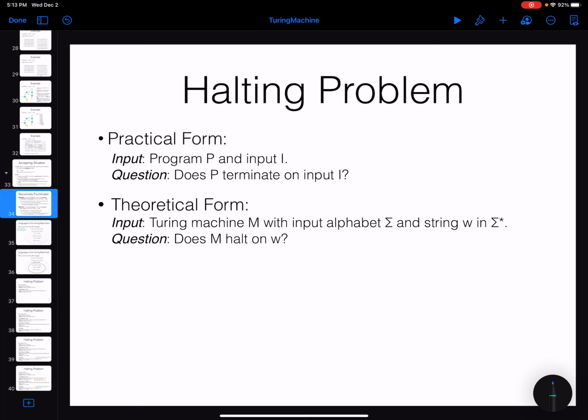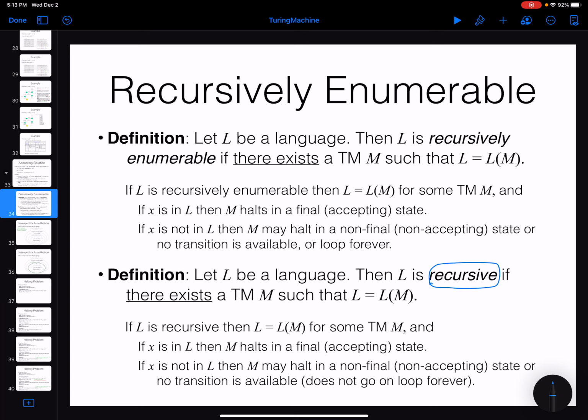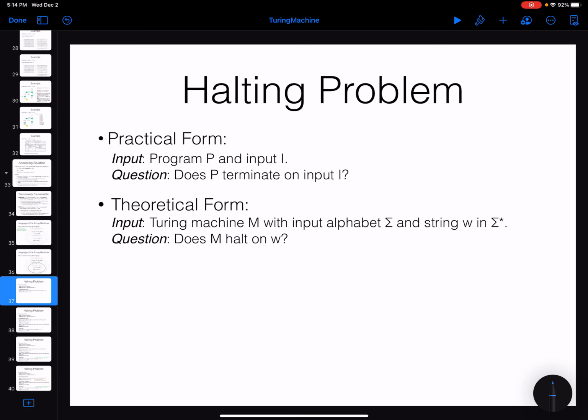We have actually talked about this notion that either the Turing machine is going to halt over an input string, or it goes into an infinite loop, right? The halting problem is exactly related to this.